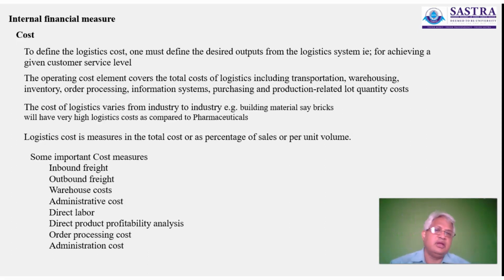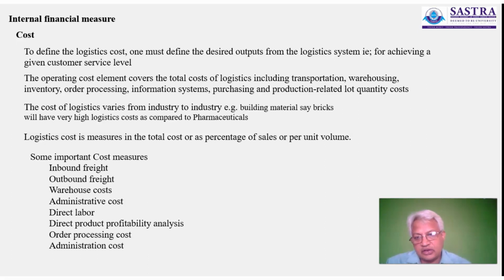For example, if you're manufacturing cement or bricks, your cost of logistics will be very high as compared to pharmaceuticals, which are very lightweight, and a voluminous amount of pharmaceutical drugs can be sent in a single lot. So now let us see what logistics cost is. Logistics cost is measured as the total cost or a percentage of sales or per unit volume.